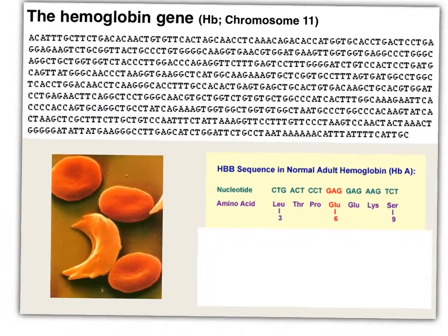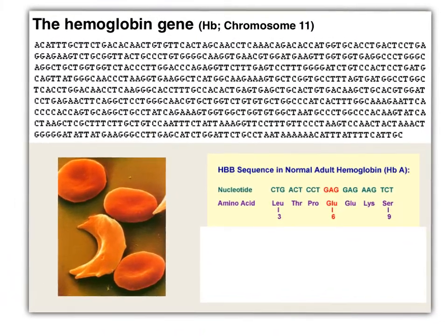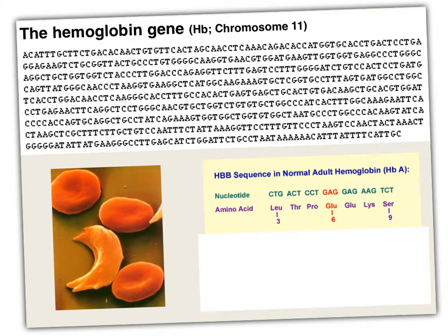So here we have what's called the hemoglobin gene. Hemoglobin is what carries our oxygen in our red blood cells. The hemoglobin gene, these are all the different A, T, C, Gs. In the sequence, you have a nucleotide.